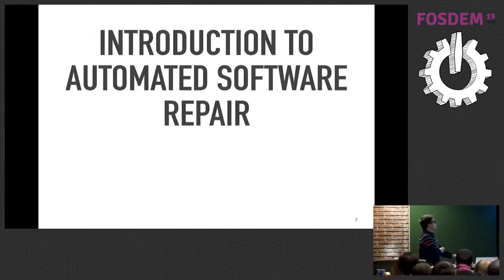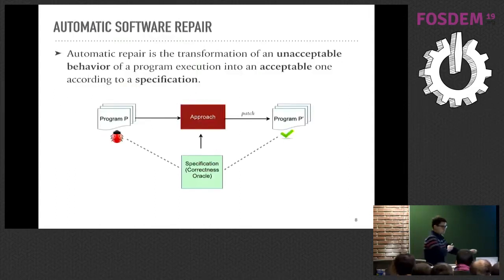So, what is automatic software repair? Basically, imagine that we have a program, here I call it P, that has a bug. So the idea is to take our approach. I will not mention details of what this approach is. It takes a specification of the program, the specification of P. Also, we can call it the oracle.